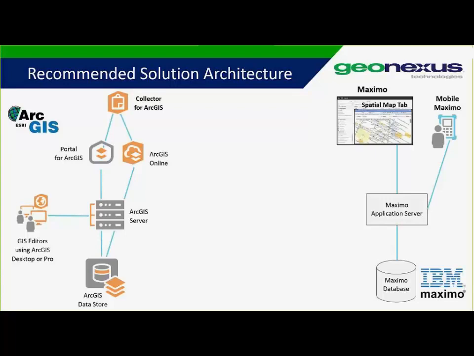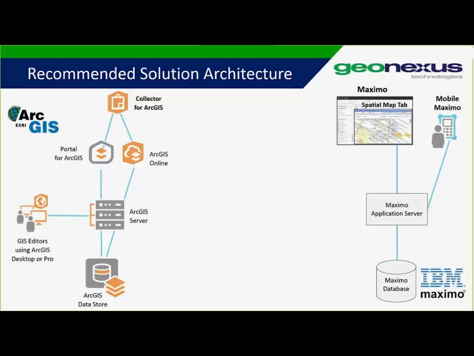You probably have editors that use ArcGIS Desktop or maybe ArcFM to manage that infrastructure information in the geodatabase. And then you want to serve this information out to your end users that can access and create maps and do analysis on that data, and perhaps you're using ArcGIS Online or Portal to get that information out into the user community. And then there's some mobile technology, perhaps Survey123 or ArcGIS Collector to bring that information and updates back into the system.